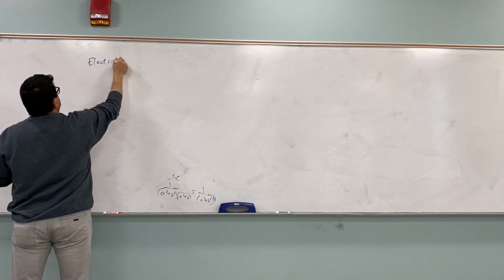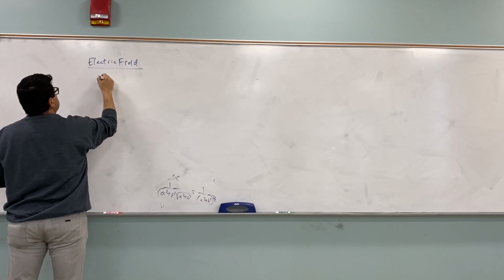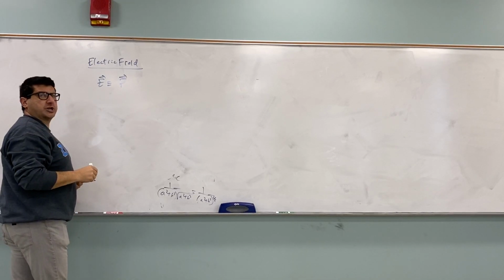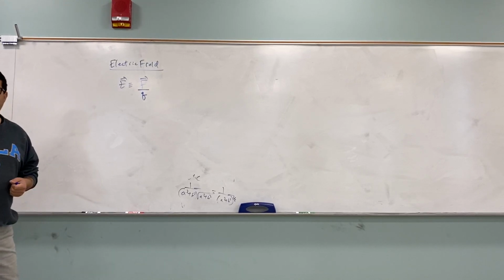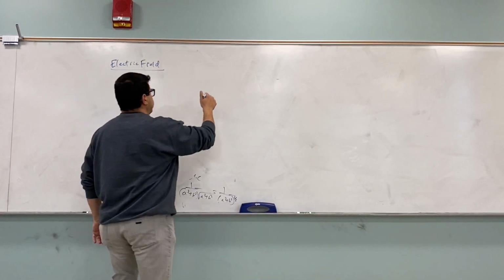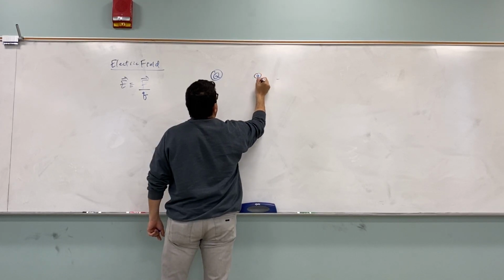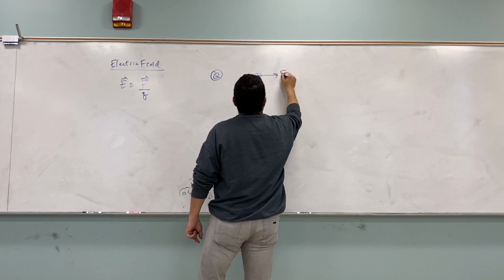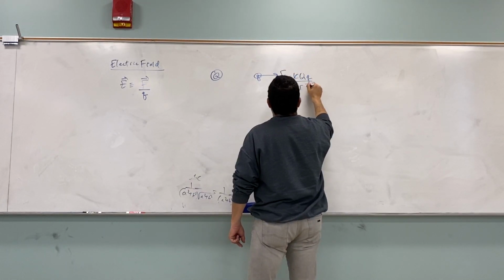Electric field. Electric field is defined by the force felt between two charges divided by one of the charges that is at play. So imagine you have here the charge Q and another charge q, and this guy is exerting a force on that equal to kQq over r squared.